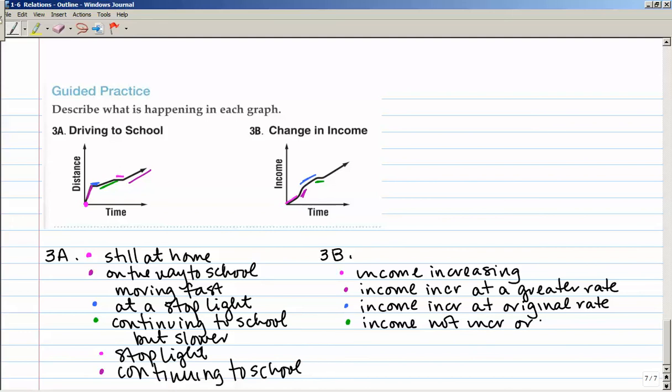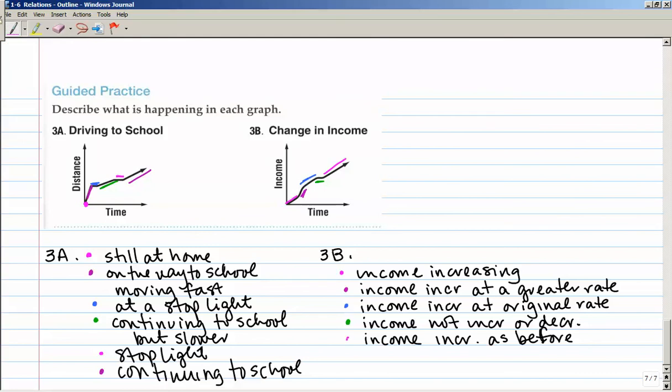Not increasing or decreasing. And then on the very last part right here, my income is increasing as it was before.